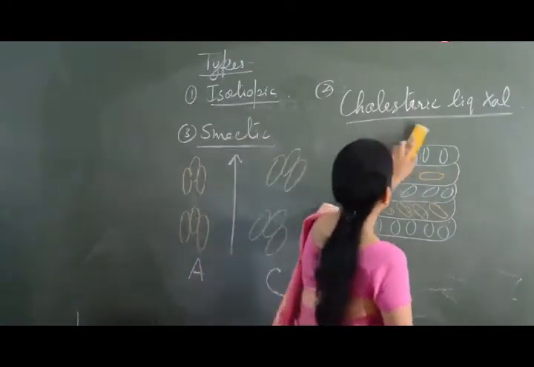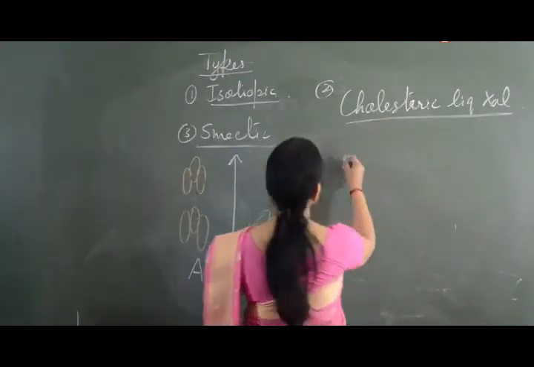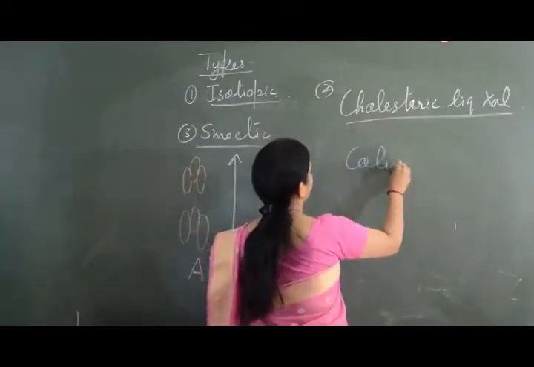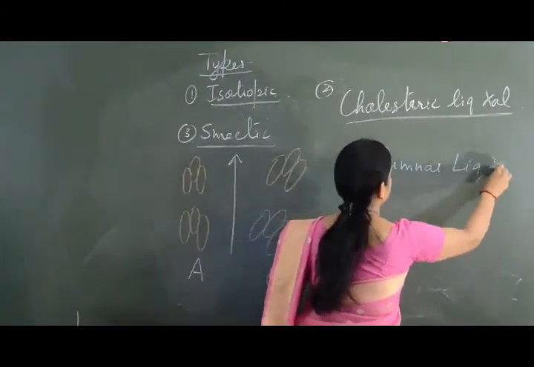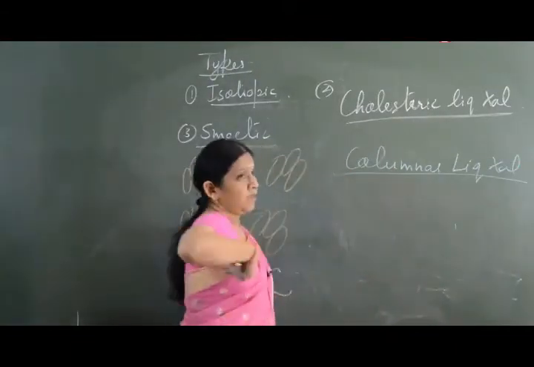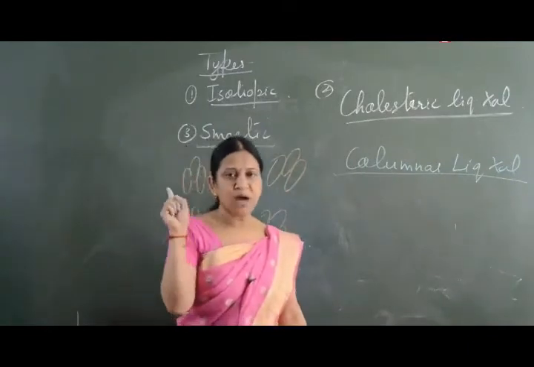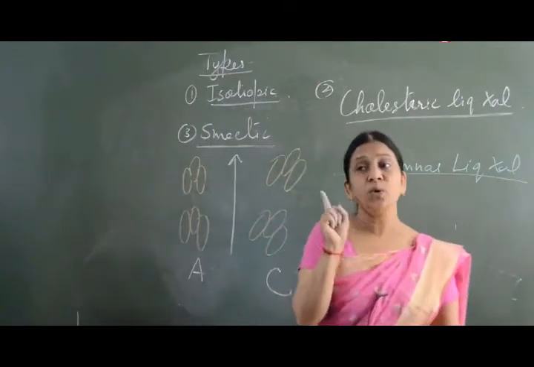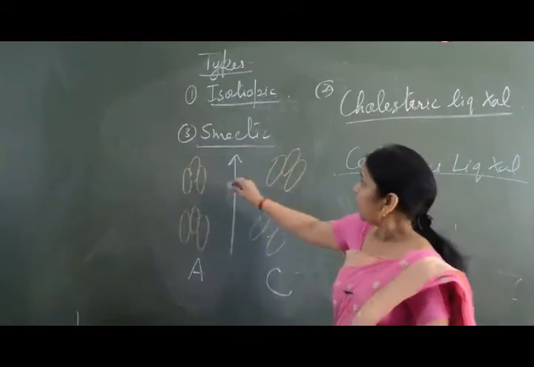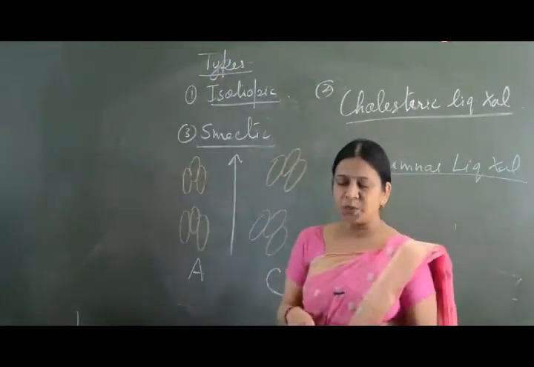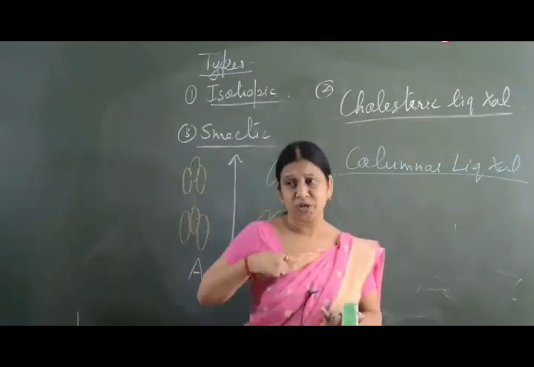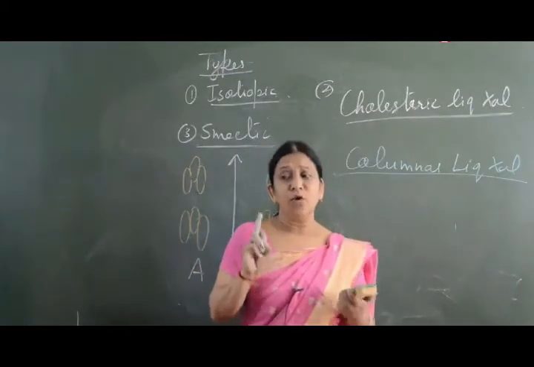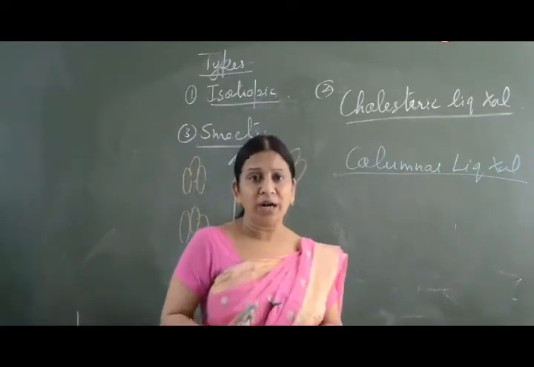The next type of liquid crystal which we have is columnar. Now, the basic difference between the other types of liquid crystals and columnar liquid crystals is that in all the other types, whether it is isotropic, nematic, smectic, or cholesteric, the molecules are in the form of polarizable rod-like structures.